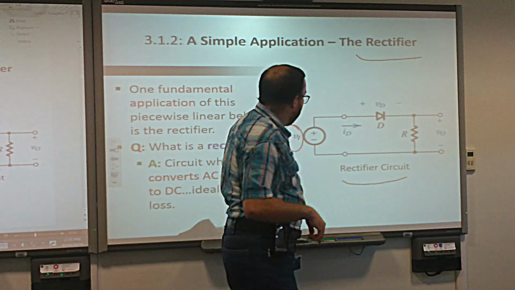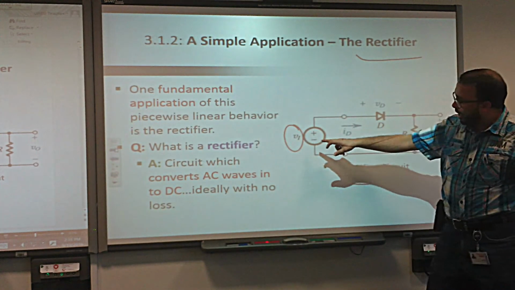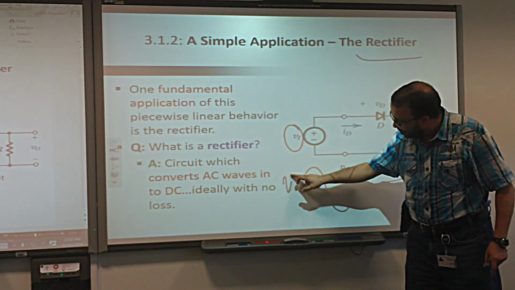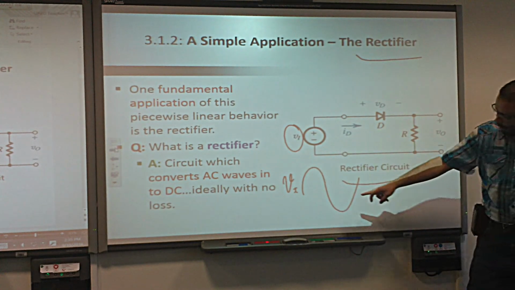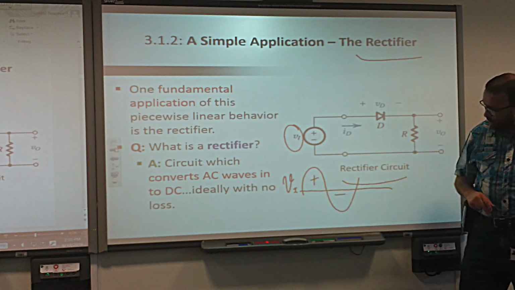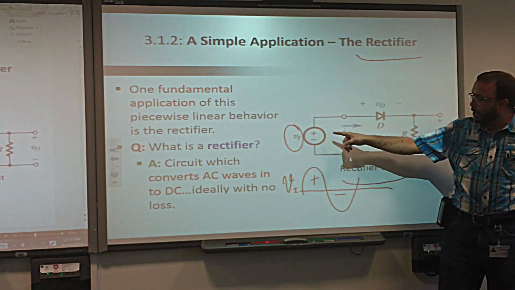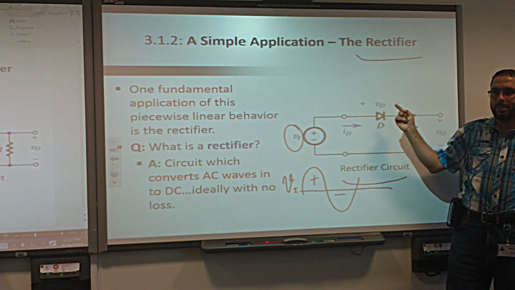Understand? Good. So, let's say this is like this. This is what? The input. Okay, good. And here, basically, this is the positive cycle, and this is the negative cycle. In the positive cycle of the voltage here, the diode, is it forward or reverse?